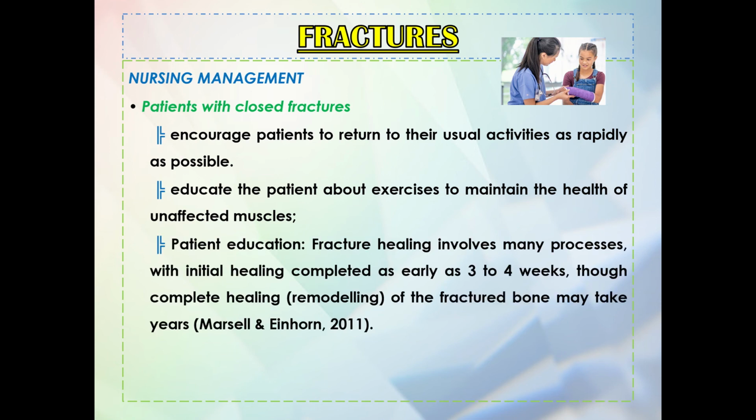We promote mobilization of the unaffected muscles through exercise. For patient education, we teach about fracture healing, which involves many processes, with initial healing completed as early as 3 to 4 weeks, though complete healing or remodeling of the fractured bone may take years. That is how long it takes to completely remodel or heal the fractured bone.